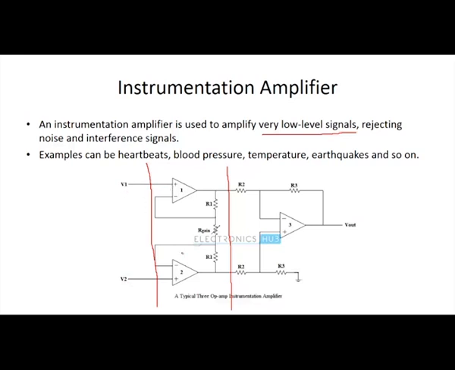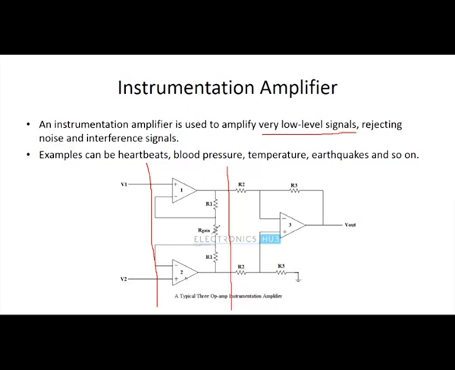At that point the voltage at this node will be V2, because these two nodes are virtually equal, and if V2 is not given, then you have to make this 0 here. If you consider only the operational amplifier A1, you have to calculate two output voltages: when V1 is 0, what is the output, and when V2 is 0, what is the output.